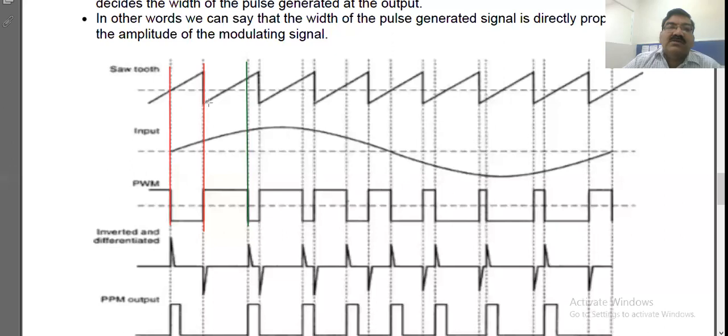This is your sawtooth, and if you are comparing with this, at this interval this is negative and this is positive. So obviously the output is high. Again at this interval here it is 0 volt and here it is positive, so the output will be high. At this instant till this, the sinusoidal signal amplitude is high.